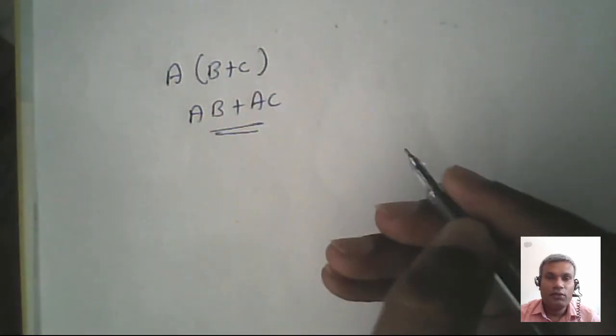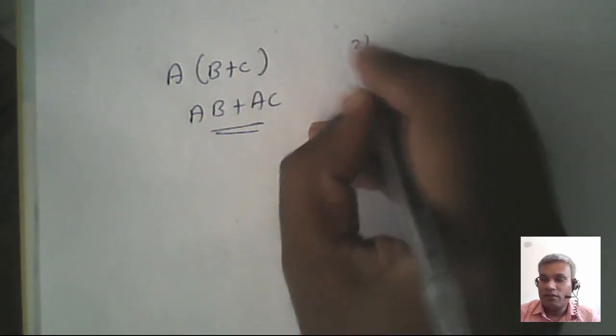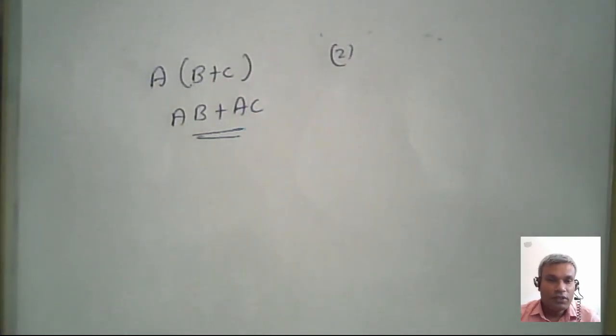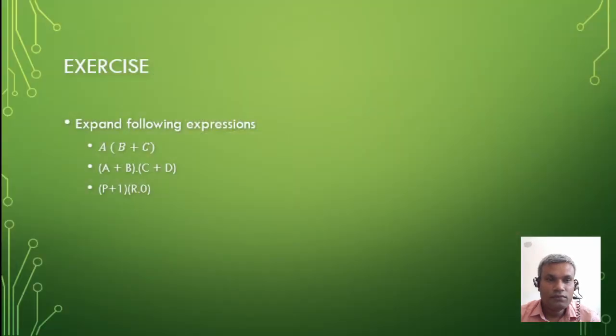That is very straightforward. What about the second one? I will give you some time to try that one. The second one says A plus B into C plus D. And also try to do the third one. You can pause the video and try to do it.